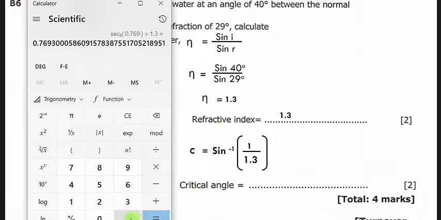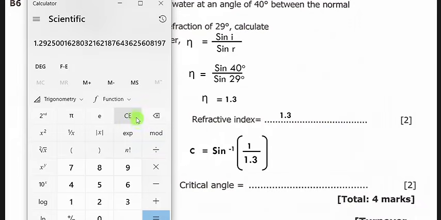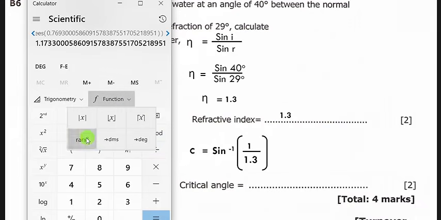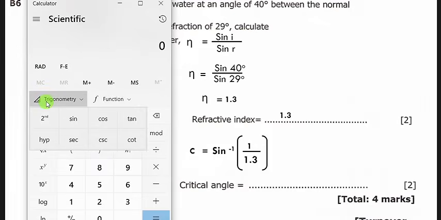No, this is not the one, so I don't know how to find it. Is it this one? No, so this one I don't know how it moves. Maybe second. Oh yeah, like this one. Very good, I found it.